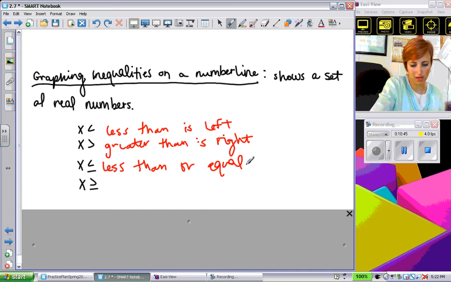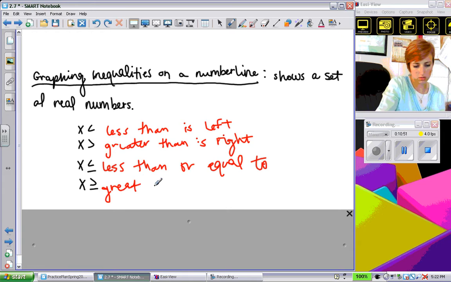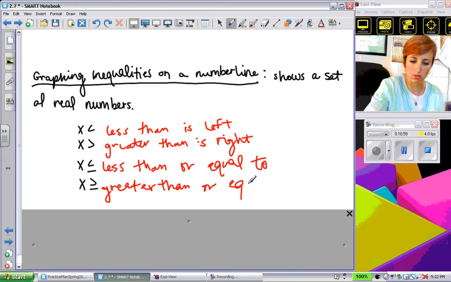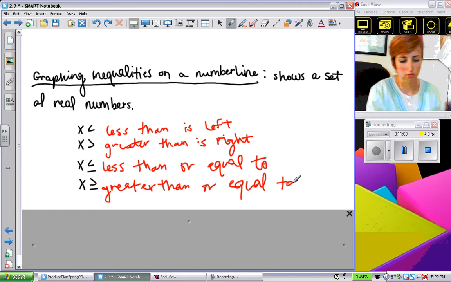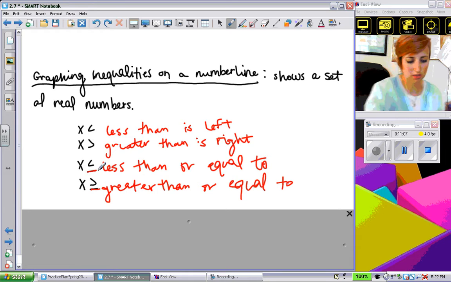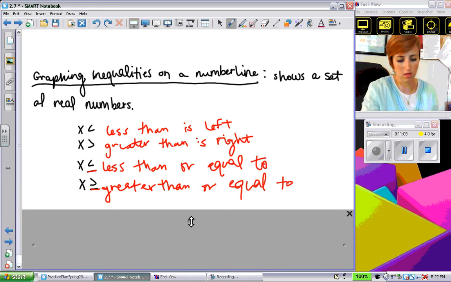And our last one is greater than or equal to. Now that equal to means we include the number. So if I have the little line under, that means I include it.